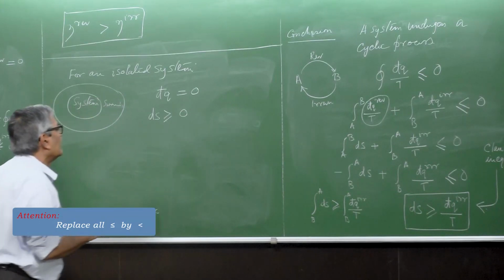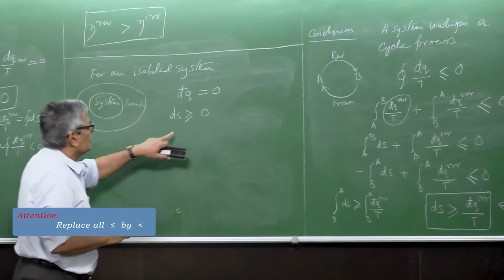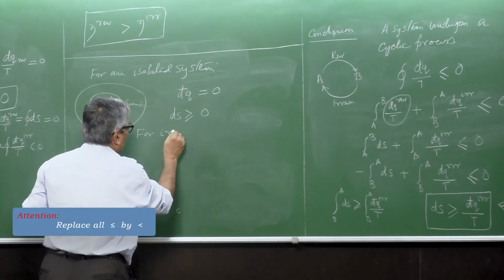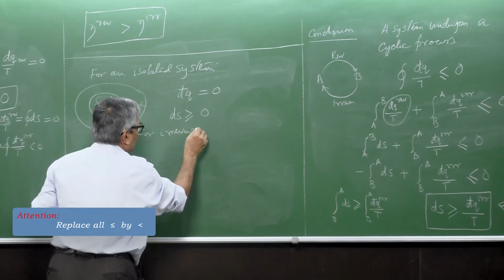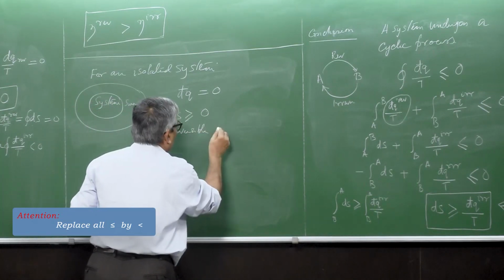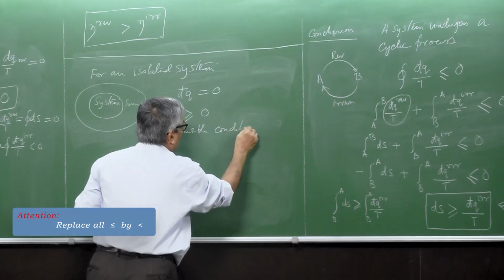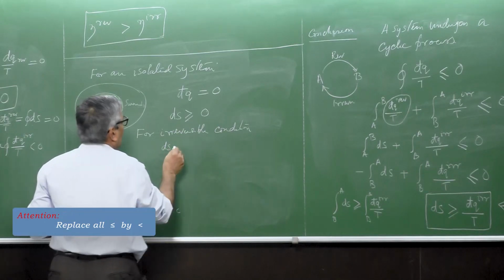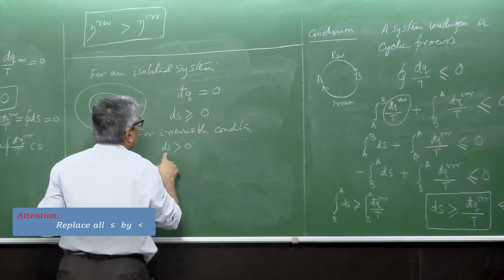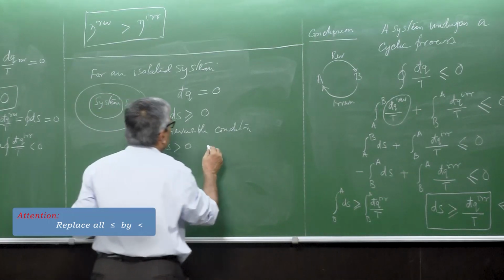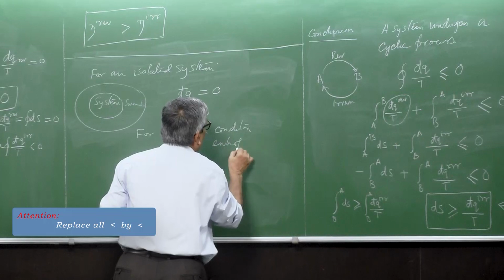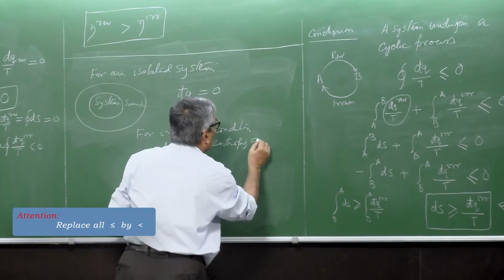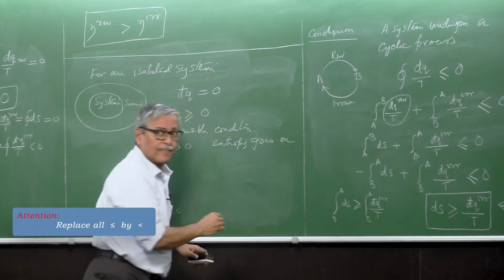It means that for an irreversible condition, dS will increase, dS is greater than 0. Entropy goes on increasing.